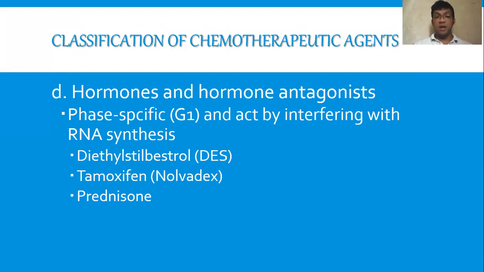Nolvadex is the brand name, and prednisone can also be given. Prednisone is generally used for other things. It's an anti-inflammatory drug, but it can also be used under hormones and hormone antagonists for chemotherapeutic agents.